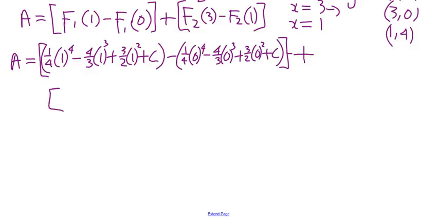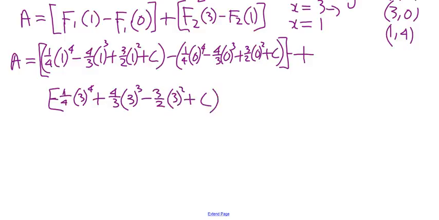So plus, minus 1/4 of 3 to the 4th plus 4/3 of 3 cubed minus 3/2 of 3 squared plus c. Okay, wait, that's just the first one. Got a set of brackets there.